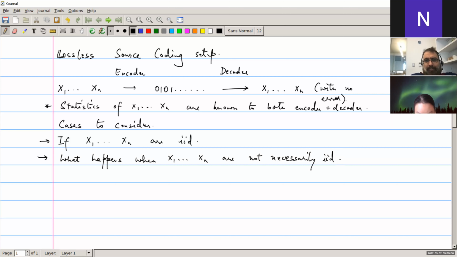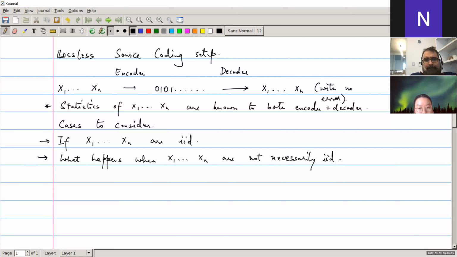So the decoder just sees this bit stream and needs to get back x1 to xn. It doesn't know what the statistics are. That's something we'll look at after we look at the very basic setup. But one thing at a time.